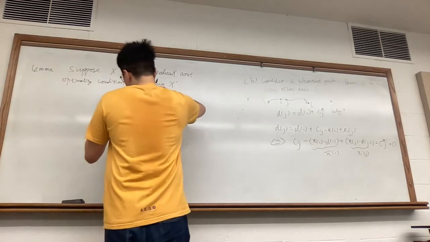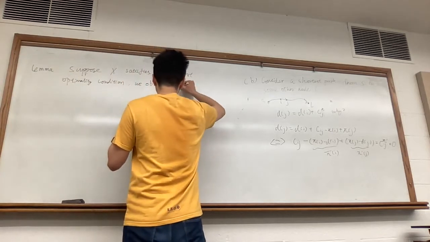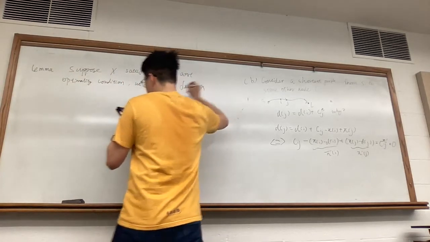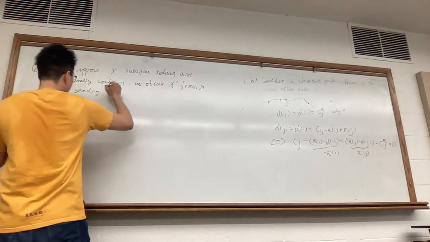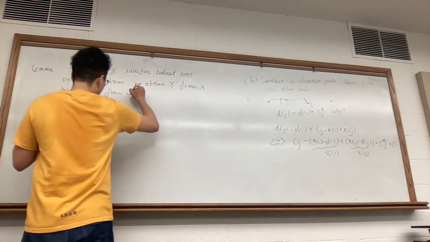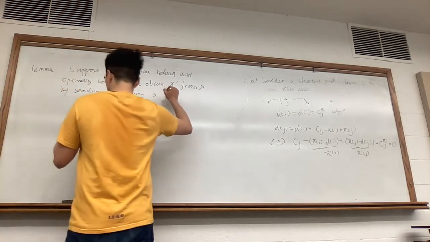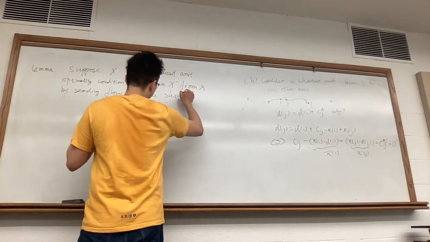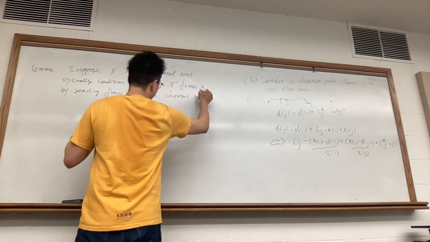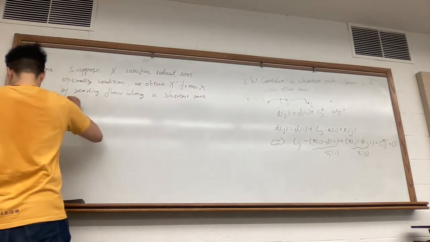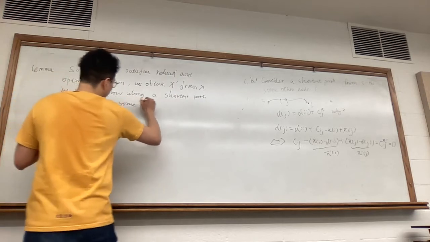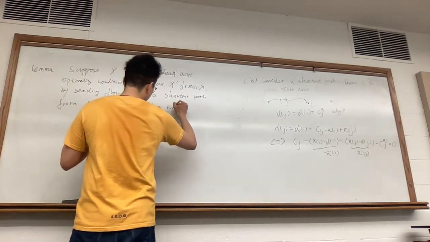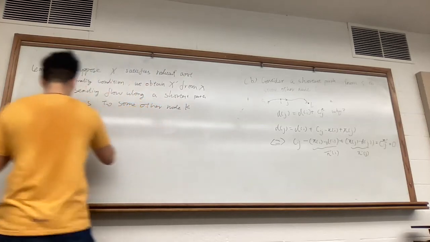So this tells us we can obtain X prime from X by sending flow along a shortest path from S to some other node K.